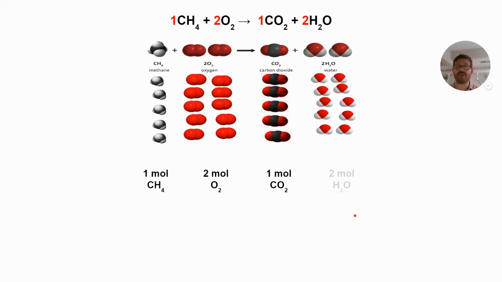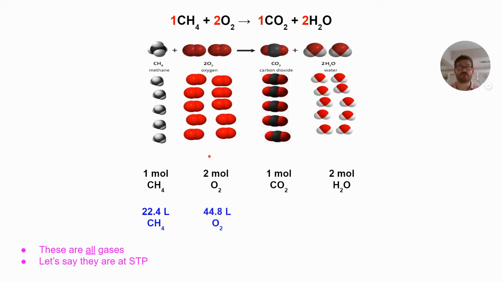So what that means is that this 1 mole here, it's any gas, so that's going to be 22.4 liters. Here, though, we have 2 moles, so that means we need to double the volume. So let's do that. 1 mole, 22.4 liters. 2 moles, 44.8 liters. This is because of Avogadro's principle.